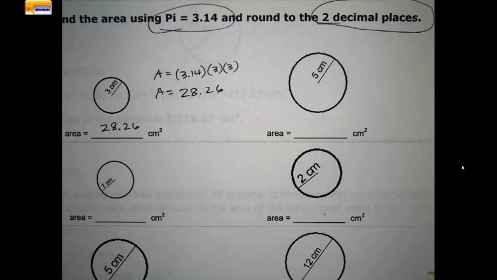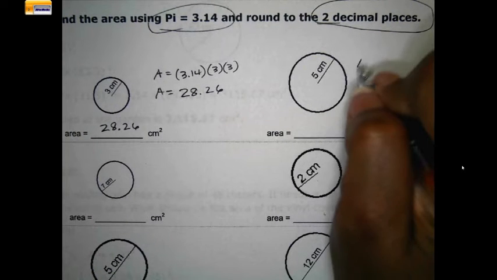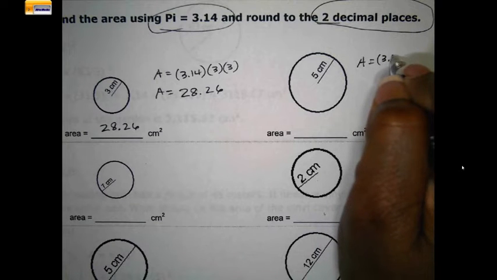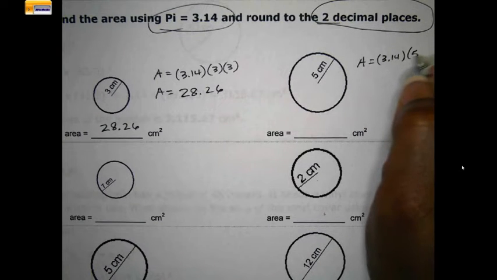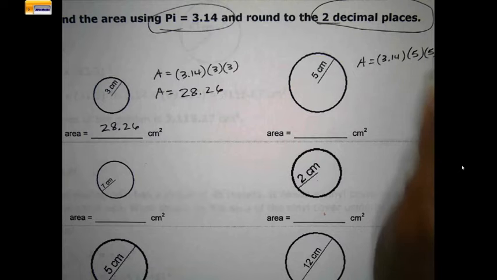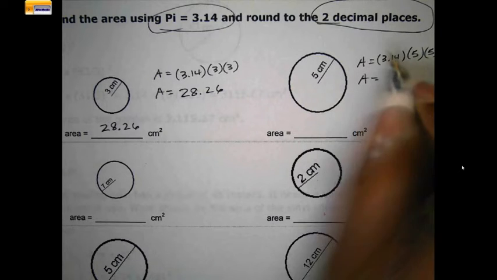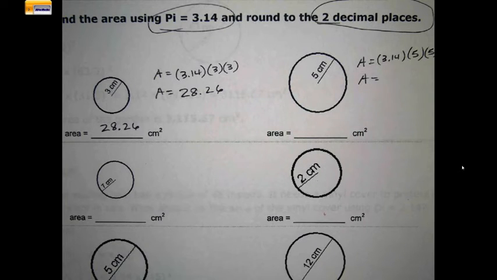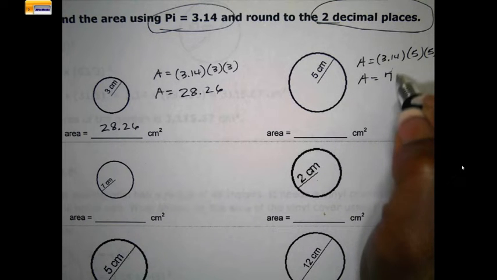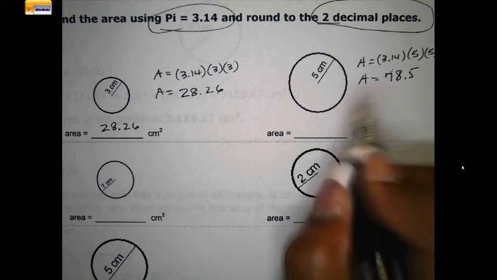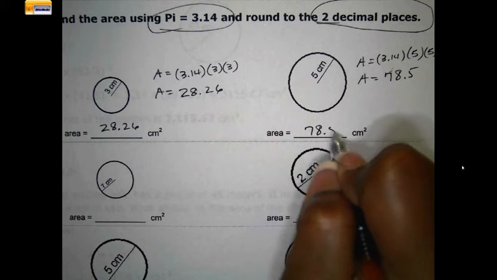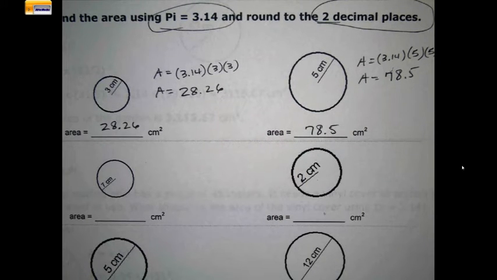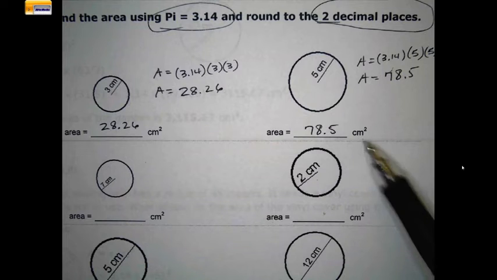Now for the next formula, 3.14 times 5 times 5. Didn't we do this one in the example? Because the radius is 5. And they want us to round it if necessary, so 78.5. And what's nice about this page is they already put the units there for you.